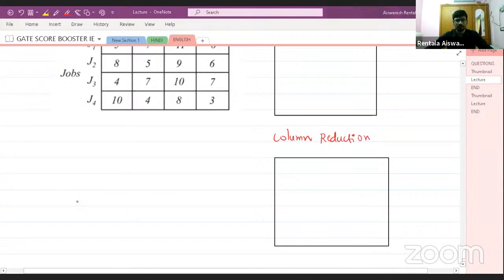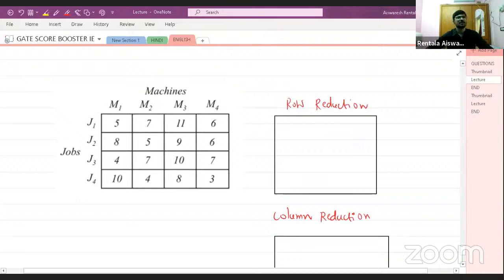So what is row reduction? In row reduction, you choose the minimum element from each row, and subtract that minimum element from all other elements in the corresponding row.